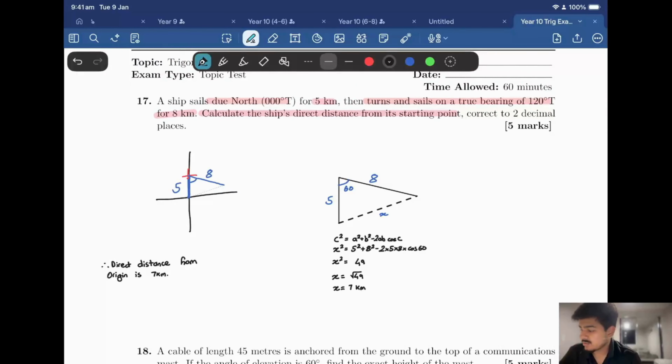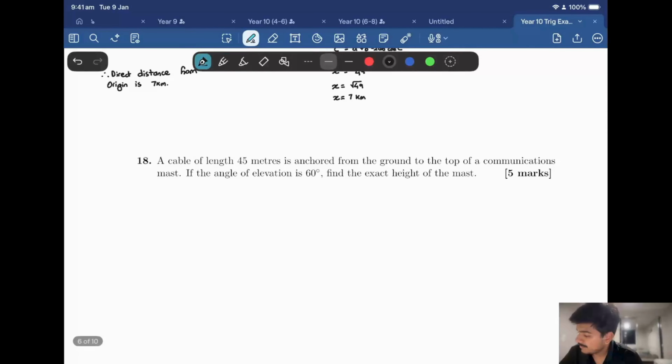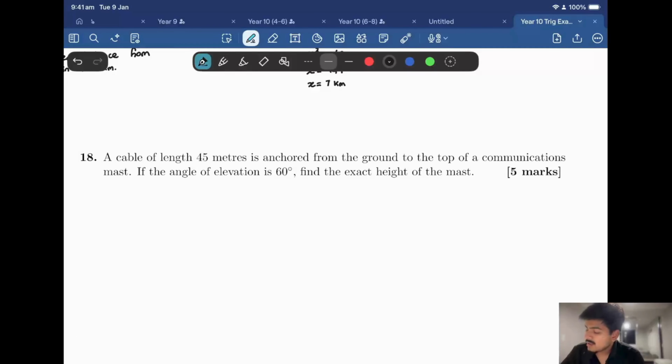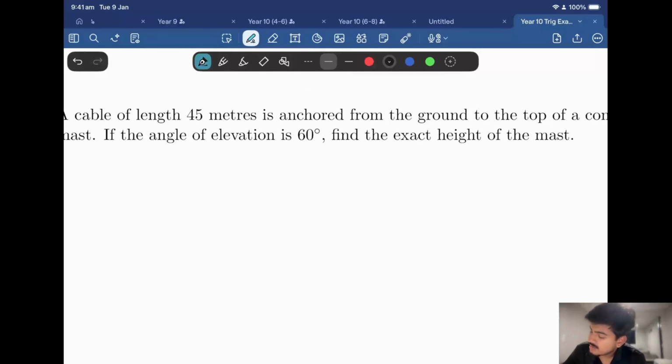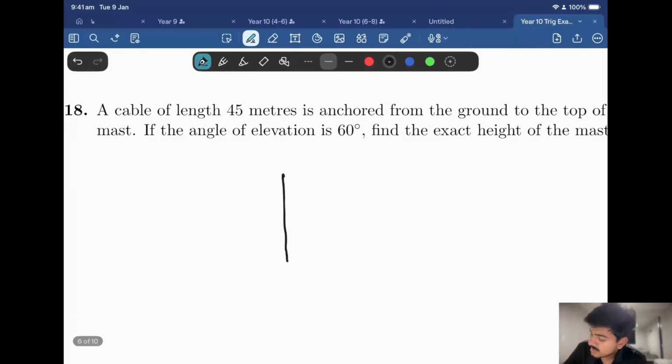It's a fair question. This one: a cable of length 45 meters is anchored from the ground to the top of a communications mast. The angle of elevation is 60. Find the exact height of the mast. Very easy. Imagine this is my communications cable, with a length of 45 meters.